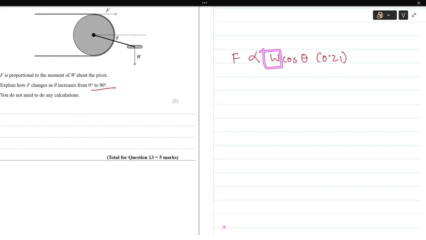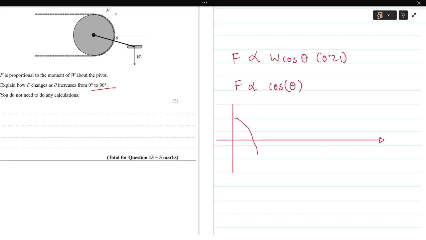Weight is also not changing because it is also a constant value. So what we can say is that F is directly proportional to cos theta. Now, if you know the diagram of cos theta, it should be something like this.